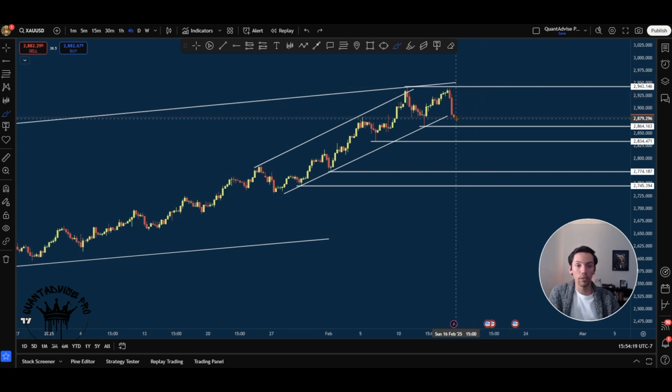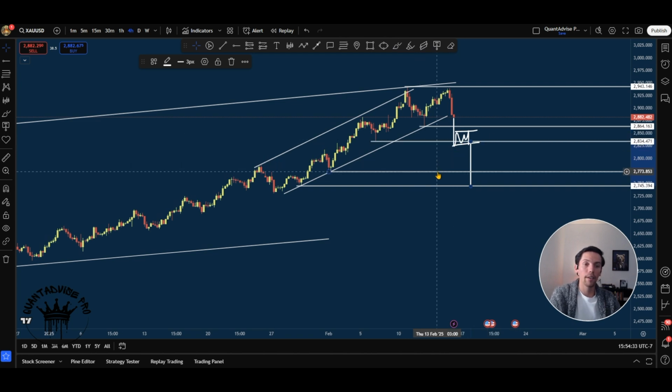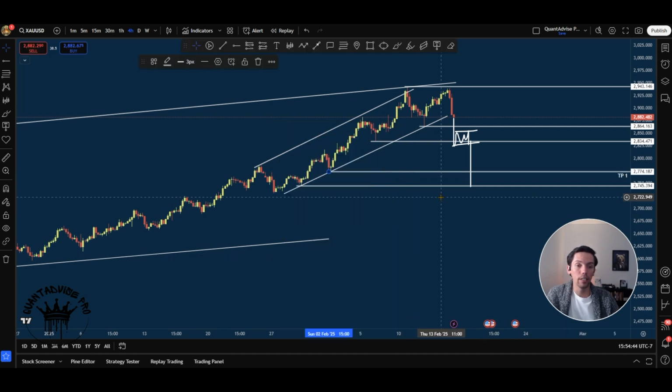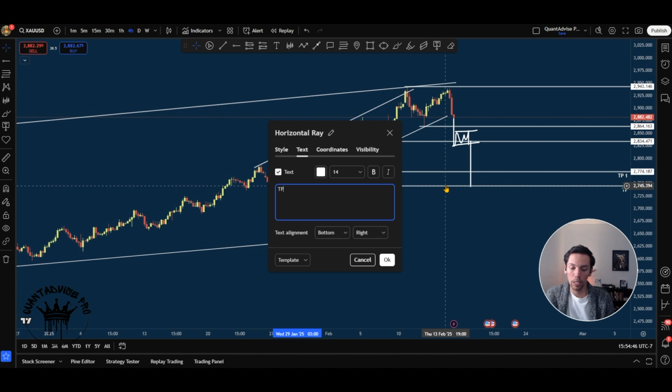Or if gold smashes all the way through, breaks that, and now we start to get some type of correction in this area, then my next targets would be down here, right? And then once I see it giving us that correction, more than likely, I would leave this one as a pit stop, as a conservative take profit. So this would be like take profit 1 for me, and then this one would be take profit 2.